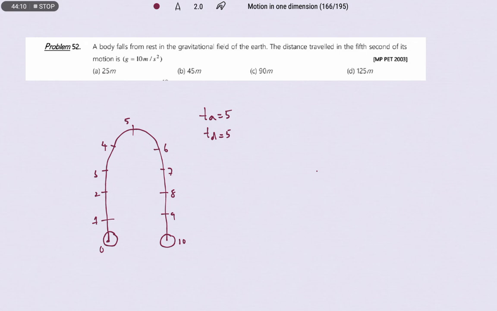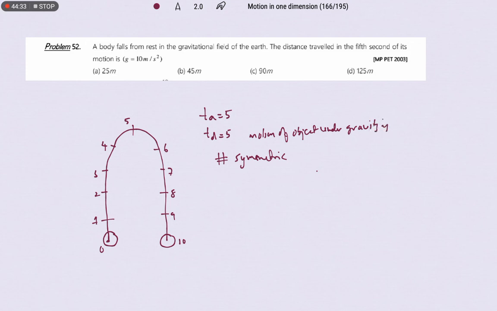See, motion of an object under gravity is symmetric. Very important theory concept. So motion of an object under gravity is symmetric. Sir, what is the meaning of this?